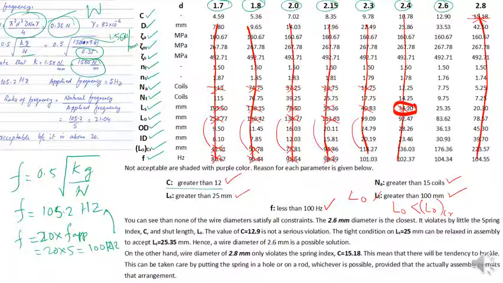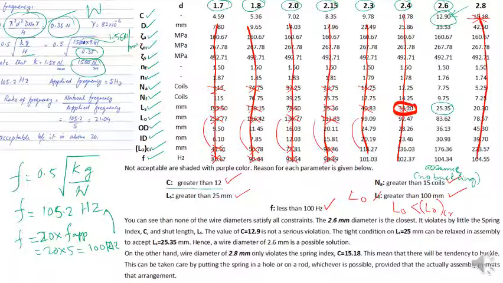The problem is here and here, two places. Here C is greater than 12, but close. So I will assume no buckling, because you know, if the C is greater than 12, it has a chance of buckling.